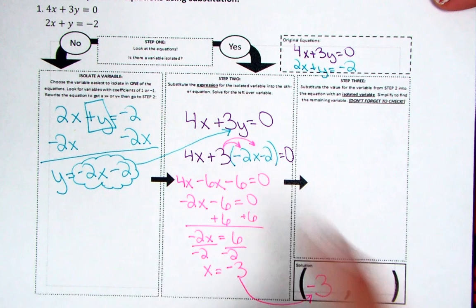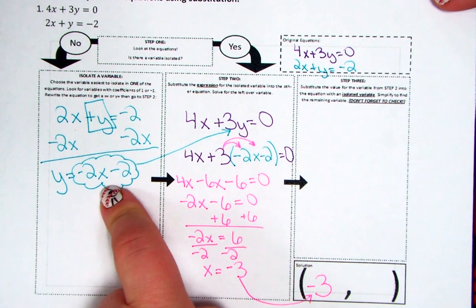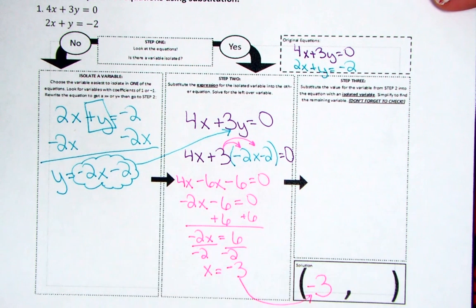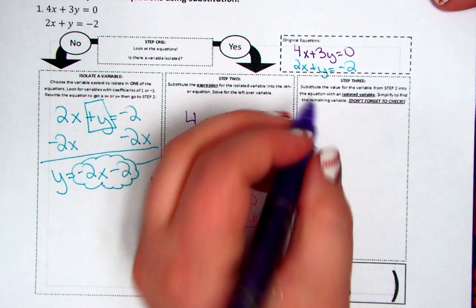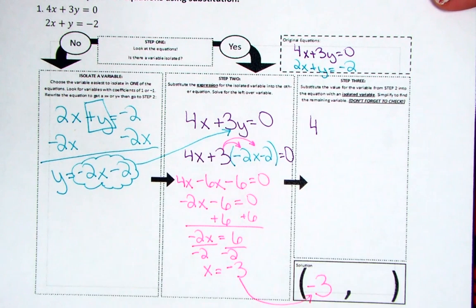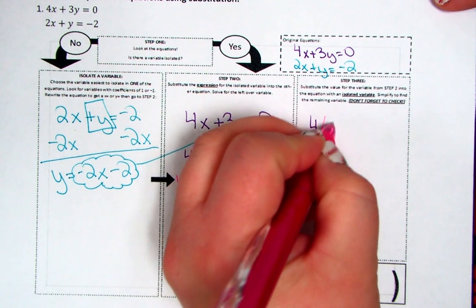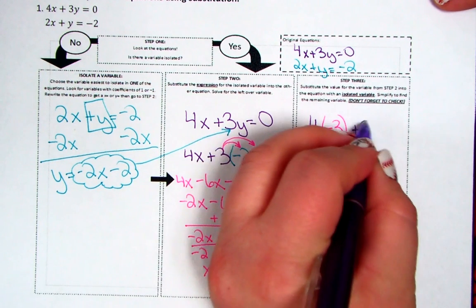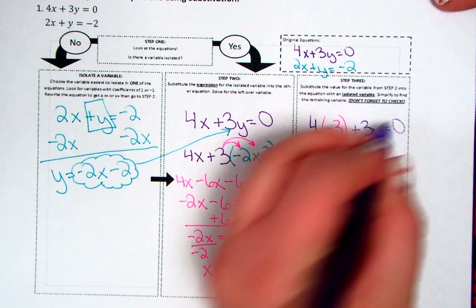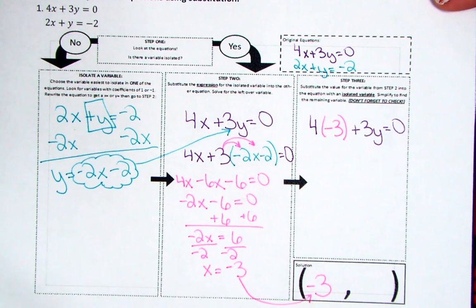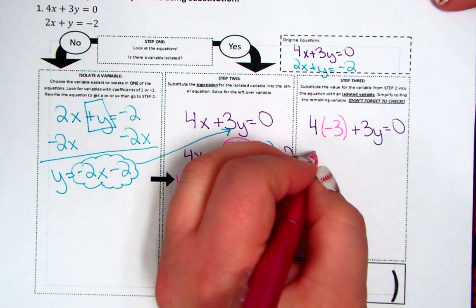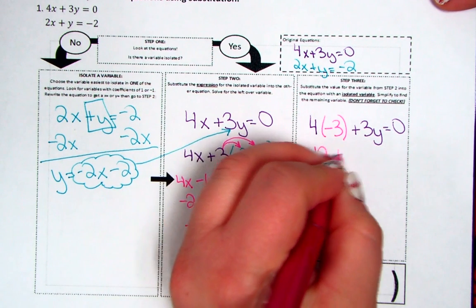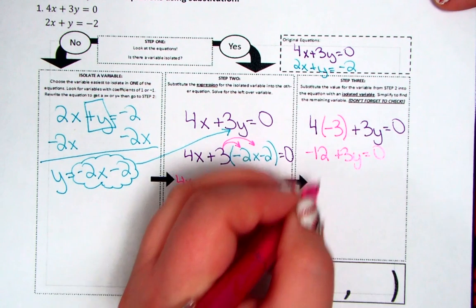You can choose either the purple equation or you may choose the blue equation. It does not really matter which equation you choose. 4 times, and I'm going to plug in negative 3 for x, plus 3y equals 0. 4 times negative 3 gives me negative 12, plus 3y equals 0.